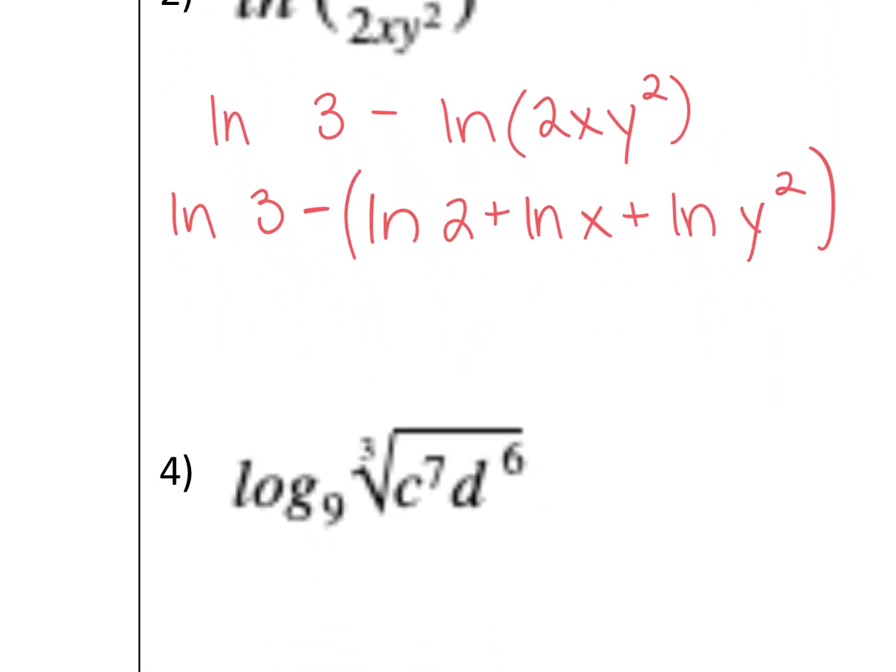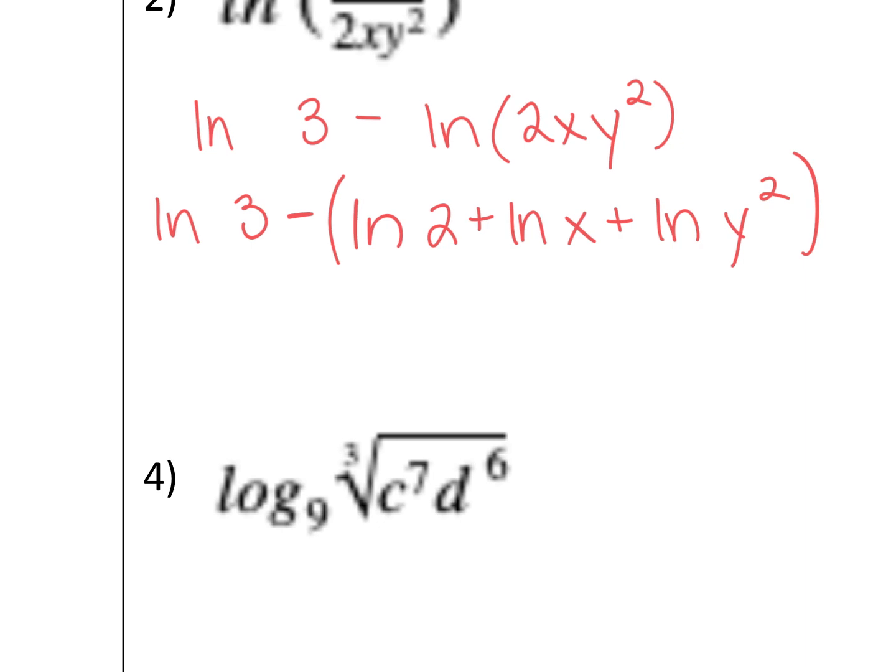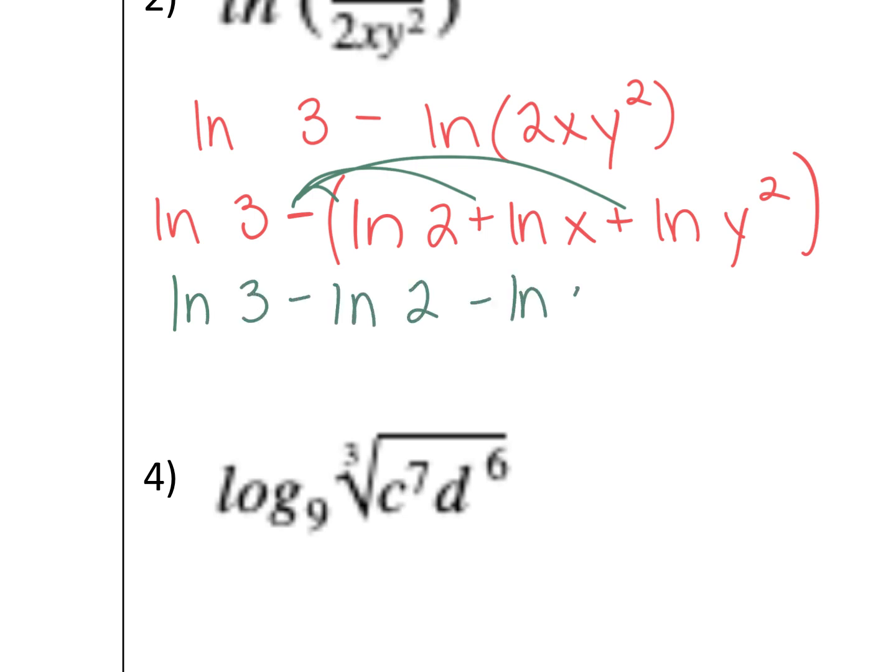Now what? Distribute. Good. Negative sign's got to be distributed to all the pieces on the inside. And am I done? Not quite. What else? You can move the square. Yep, so only one piece has an exponent, right?